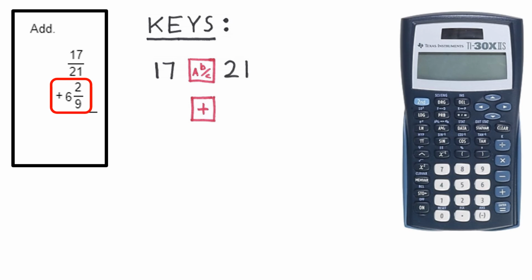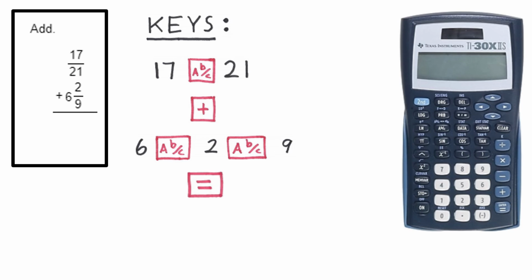First, type the 6, hit the fraction button, then the 2, then the fraction button again, and then the 9. Finally, we hit equals, and it displays 7 and 2/63. Notice that when you're adding, it gets the common denominator and does the simplifications automatically. And that's our final answer.